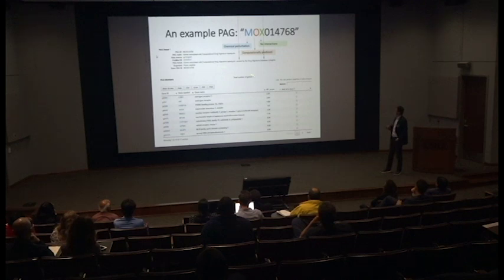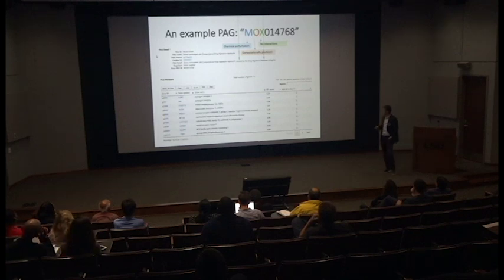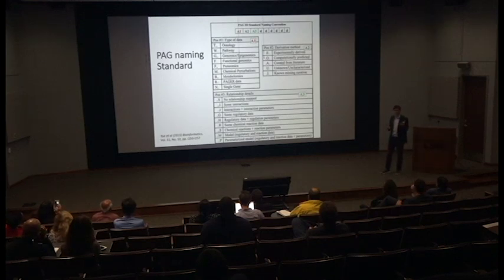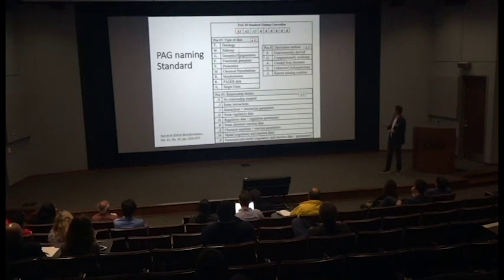And then we just capture the information about the genes within the PAG and additional details. We have a paper where you can look at the details of how we standardize the naming, but by giving them standardized naming conventions and applying those to these PAGs, we can now analyze all of them together.